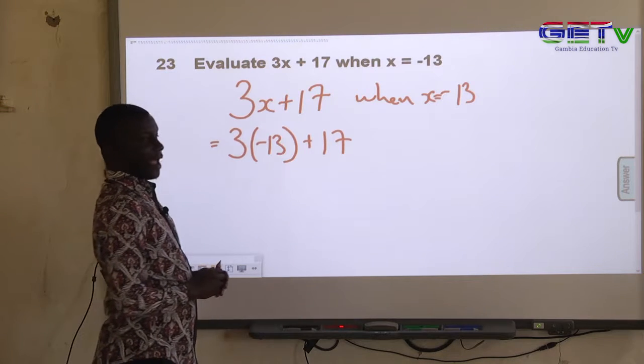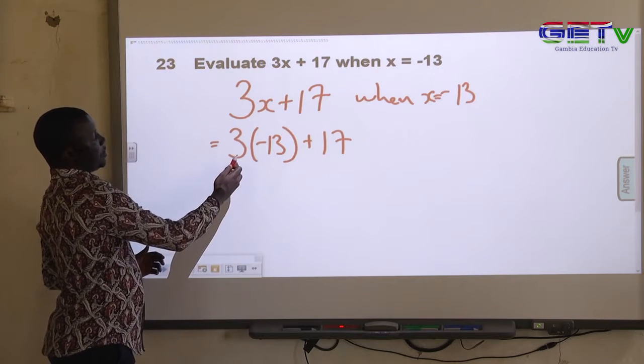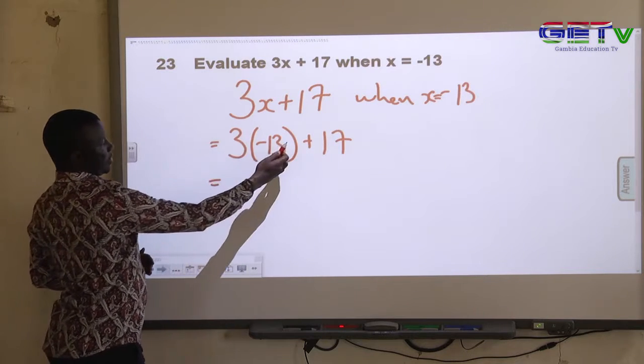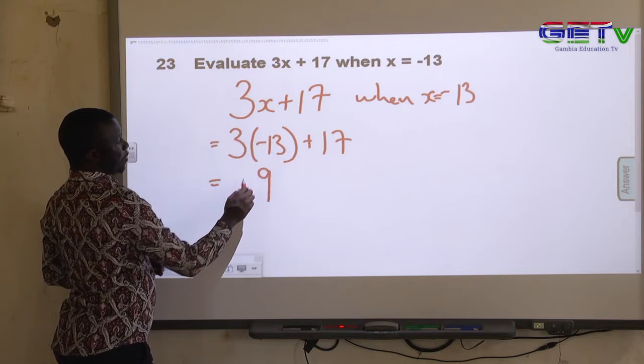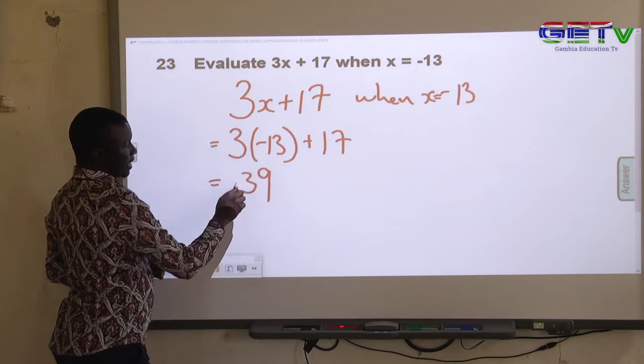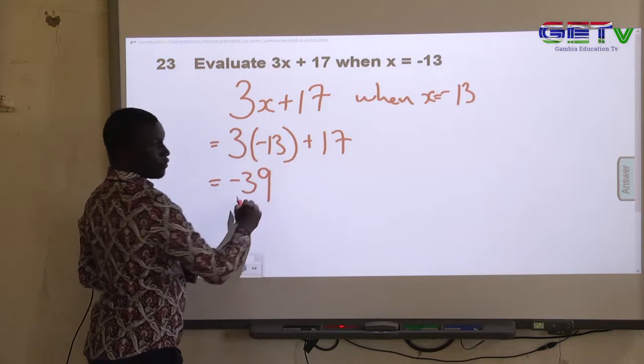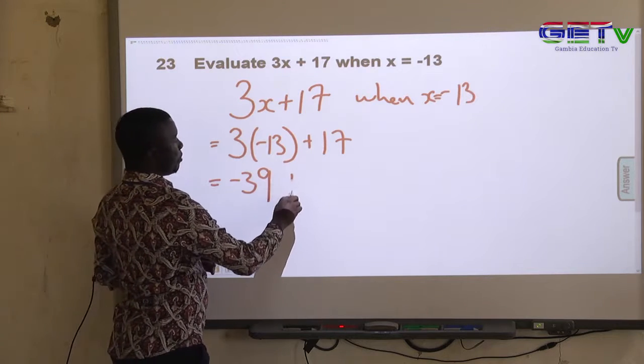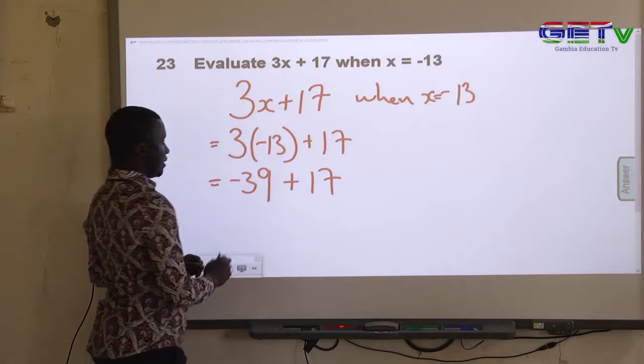So now we simplify. 3 times negative 13, 3 times 3, 9, 3 times 1, 3. Obviously, it's a negative sign. We are multiplying 3 by a negative. So we must maintain our negative sign because it's a negative number. Plus 17.